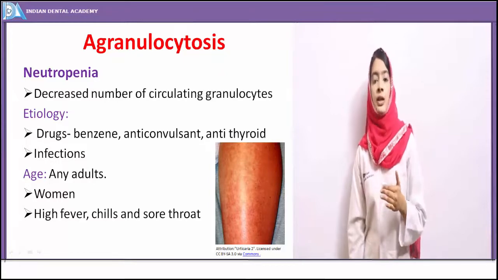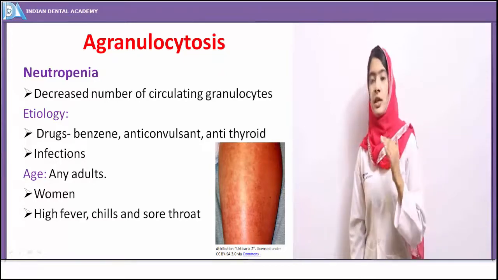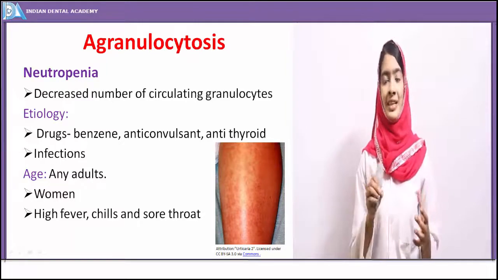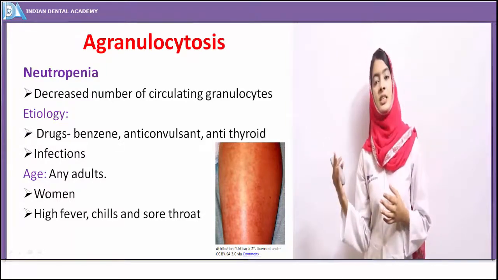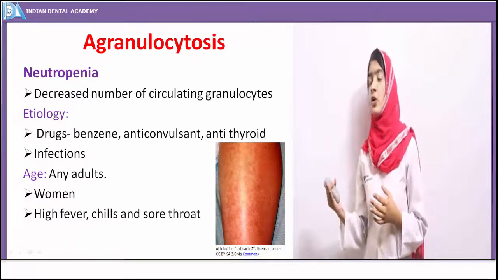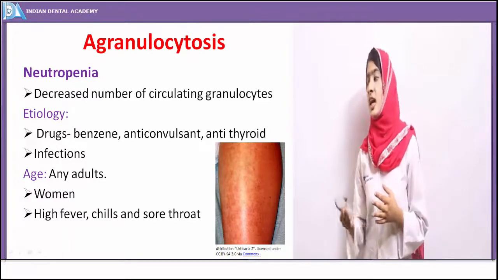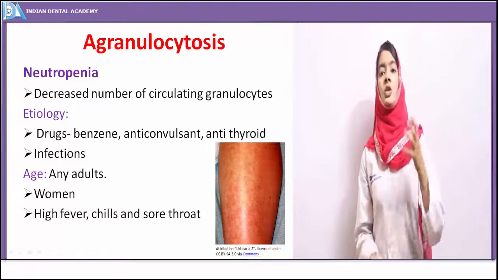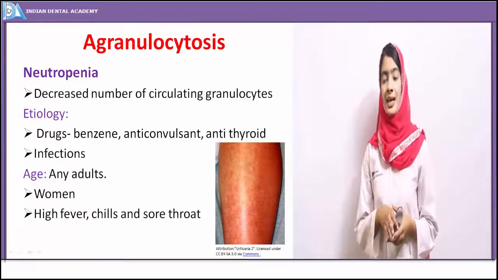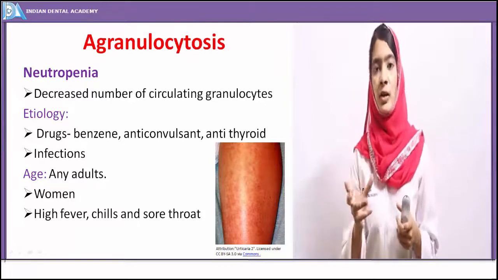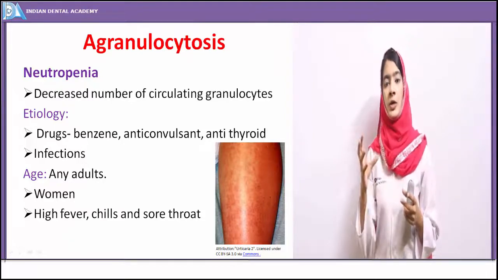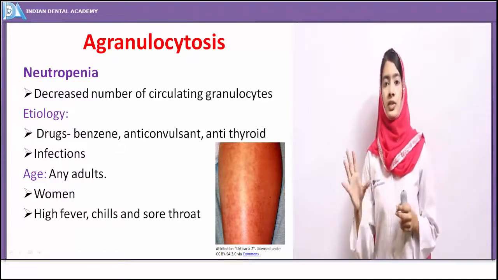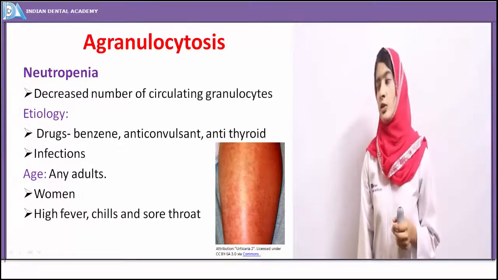In secondary agranulocytosis, the etiology may be some form of infection or ingestion of a drug, more commonly benzene, DDT, sulfonamide drugs, anti-thyroid drugs, or anticonvulsant drugs. This drug acts as a hapten, a foreign body, and induces antibody production. This antibody production leads to reduction in the number of granulocytes, ultimately leading to agranulocytosis.